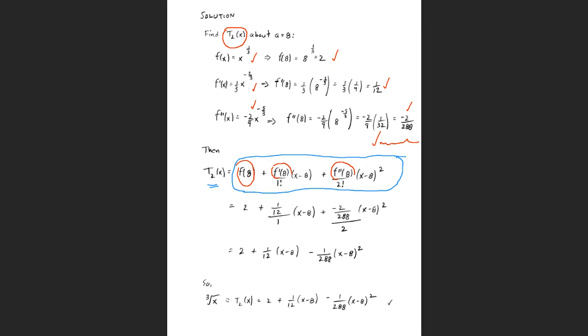I substitute those values right here, so I can construct this polynomial. Everything else is set based on the Taylor series formula. And so when we get done, this is the second degree Taylor polynomial right here.